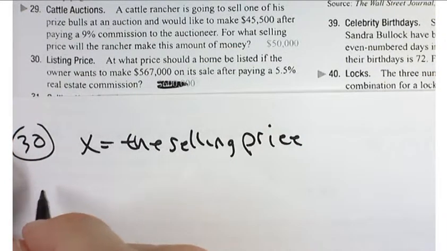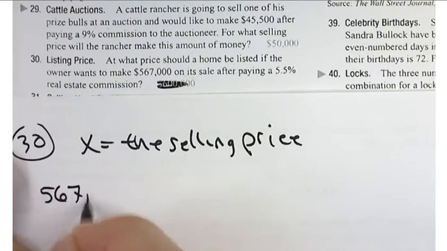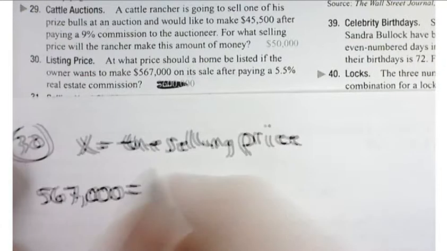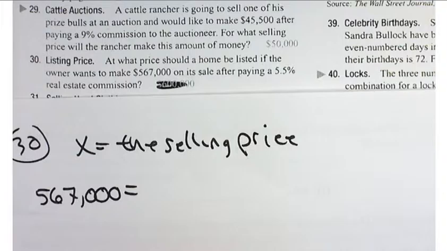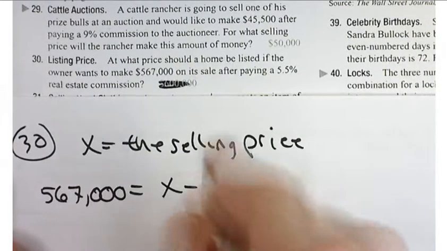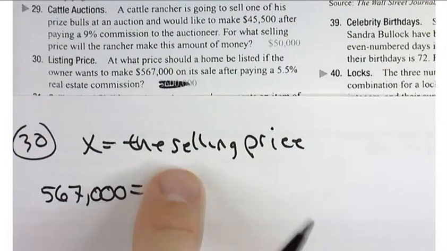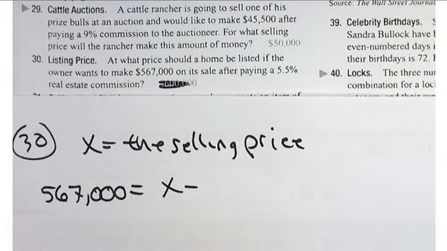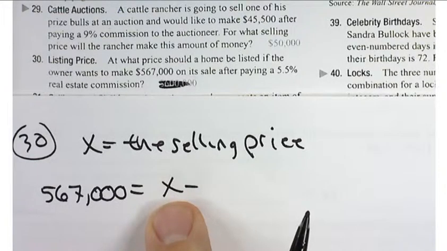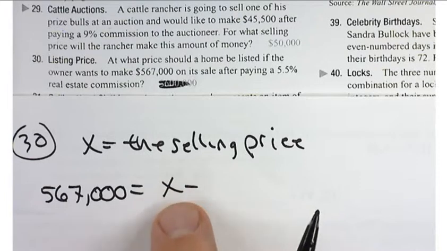Now, what's the 567,000 represent? That's how much money you get after you sell it, right? But you don't get all that money. That is, you don't get X. What happens to some of that money? It's the commission. Now, is that commission going to be adding to X or multiplying X? Or what's it going to do from the X? Subtracting.